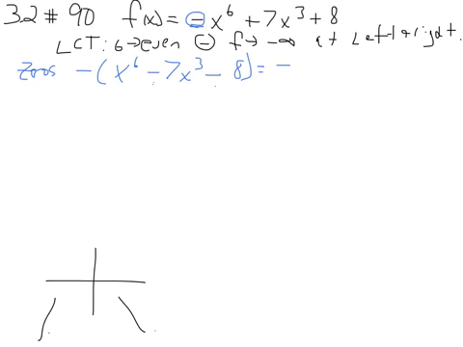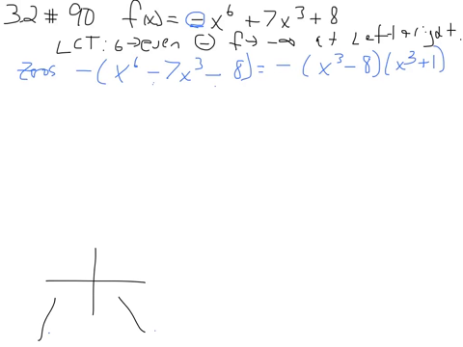So I can write x to the 6th as x cubed squared. So we're going to get an x cubed minus 8 and an x cubed plus 1. Now, odd powers play very nice with negatives.